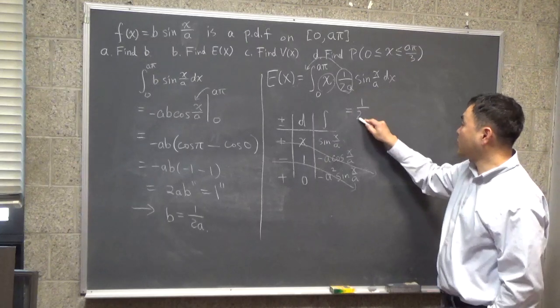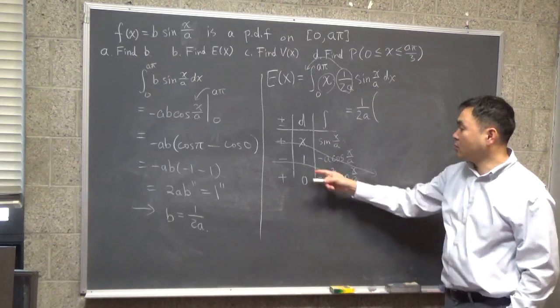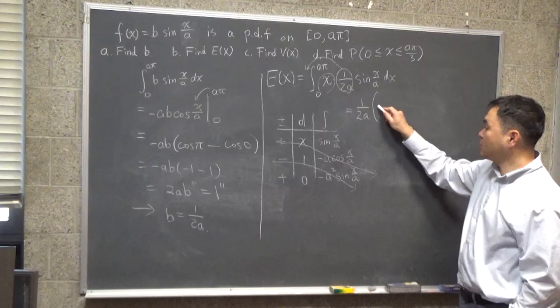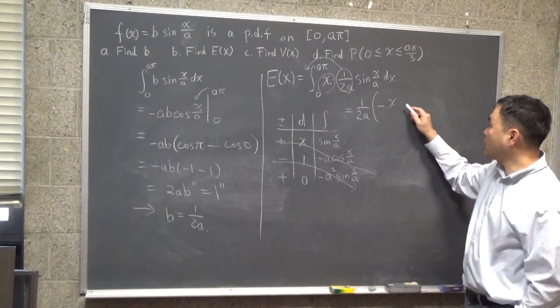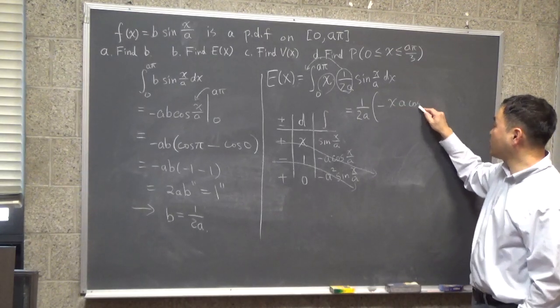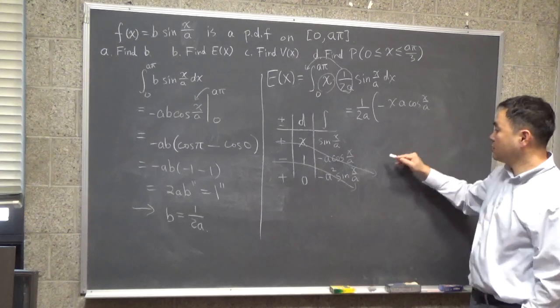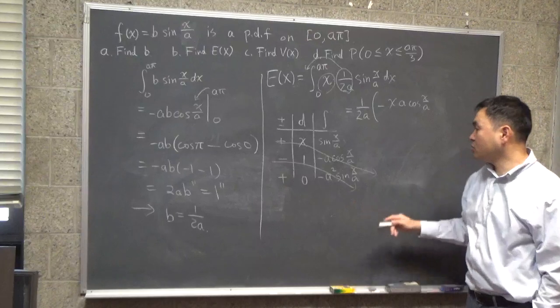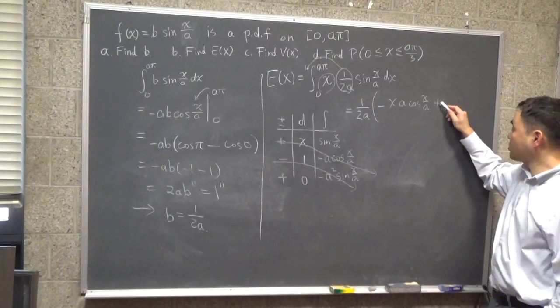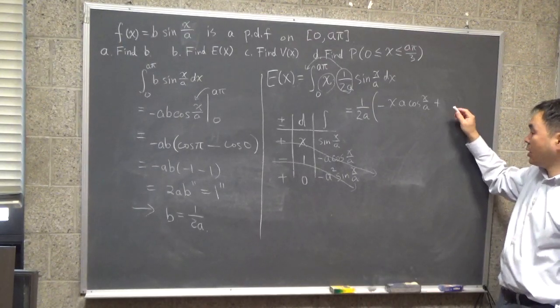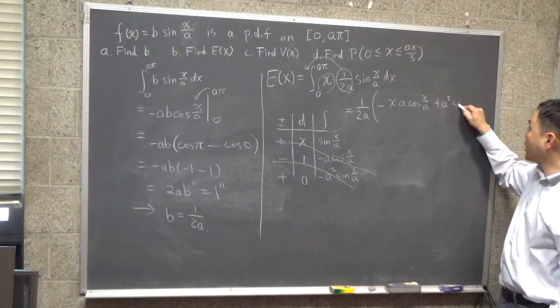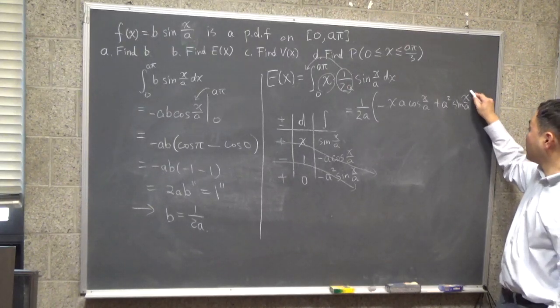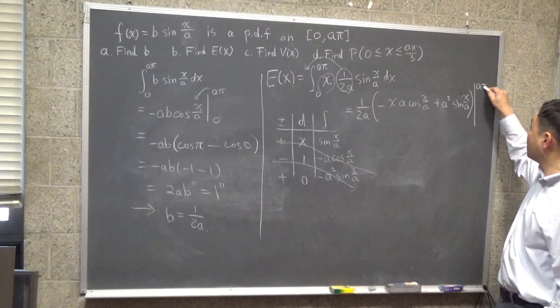Okay, so what is this saying? We pull the 1 over 2a out, and according to this, the integral is negative x times a cosine x over a. And then this is the next one. It's negative 1 times negative 1, so it's plus a squared sine x over a, and you plug in a pi and then 0.